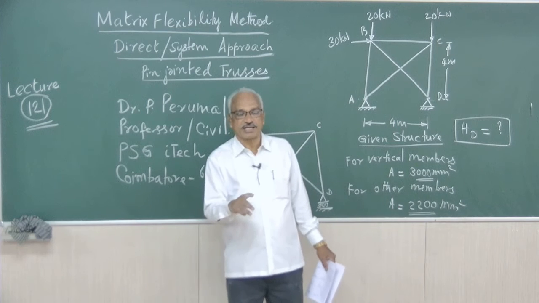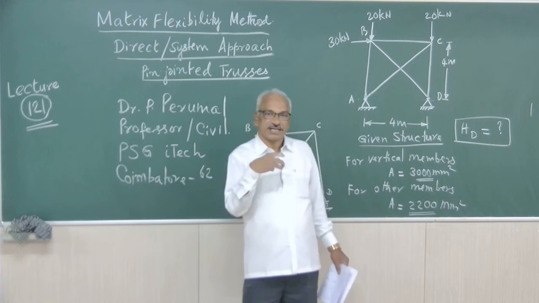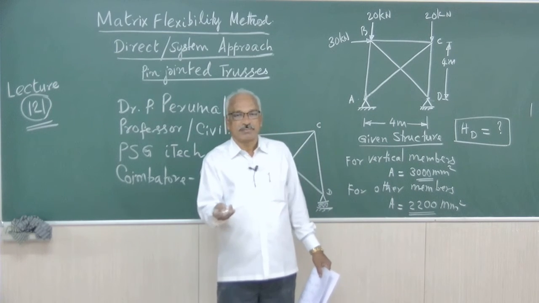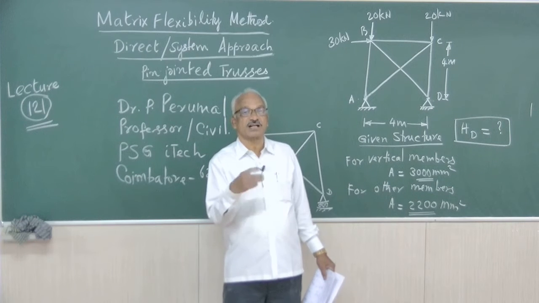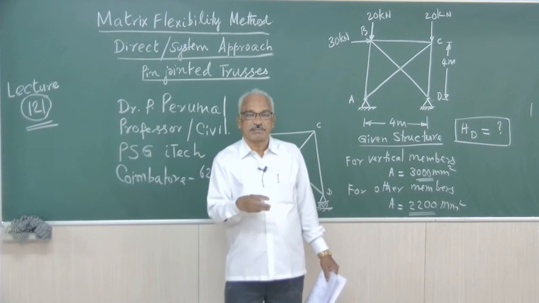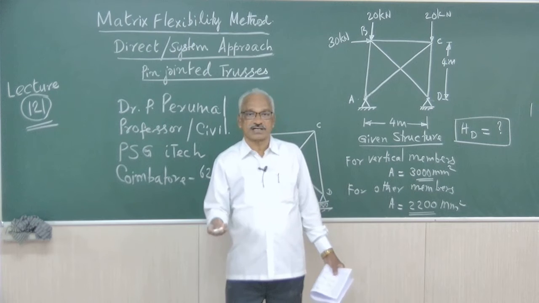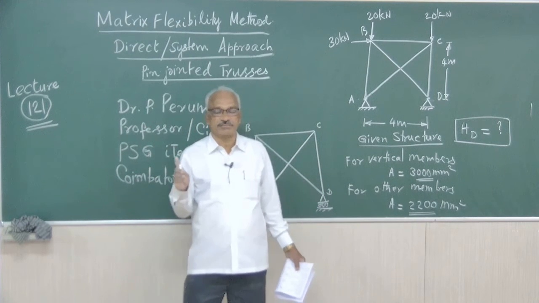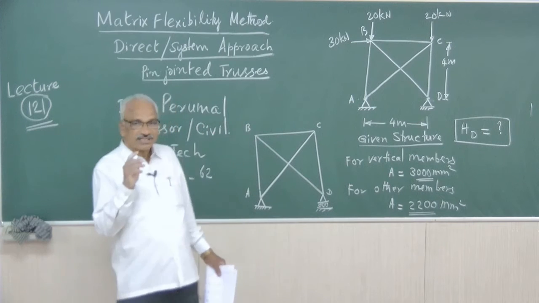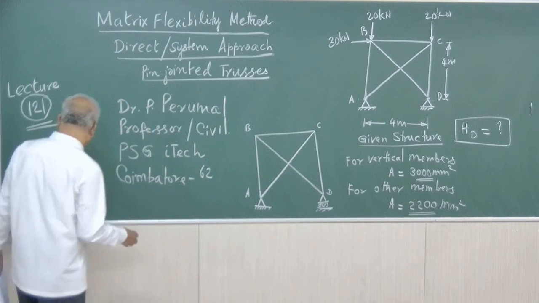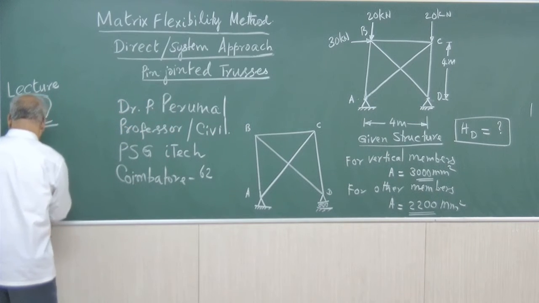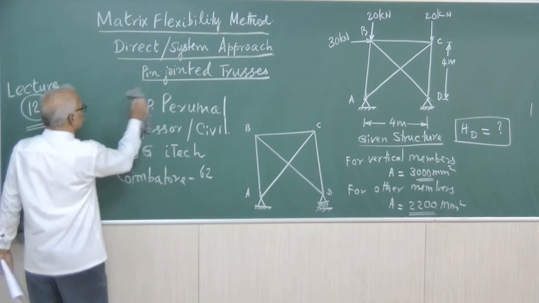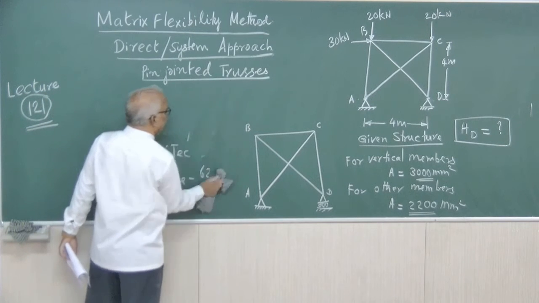One formula gives the indeterminacy straight away, but you have to find out whether it is internal or external. What we followed earlier specifically gave the degree of external and internal indeterminacy. So, that formula we will use here.